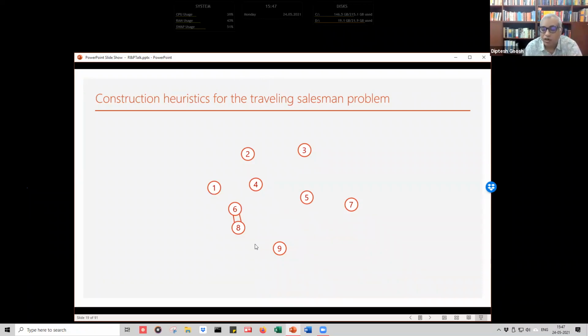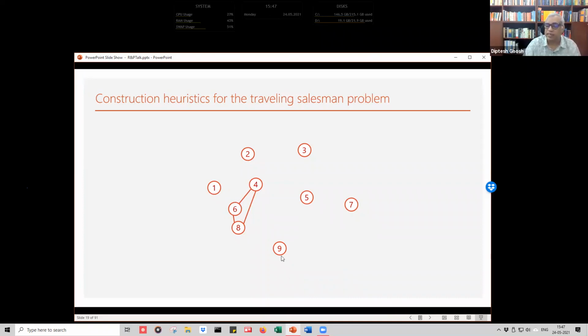So in other words, if I look at all of this, I can see that this point 1 can be connected to this subtour that I have of 6 and 8 in the cheapest manner, or no, 4. So I see 4 is connected by the cheapest manner, so I connect 4 like this. So once I connect 4 like this, then I look at point 1 and see where would I connect point 1. I can connect point 1 by removing this, adding 6, 1 and 1, 4. I can connect 2 by removing this, adding 2, 4.